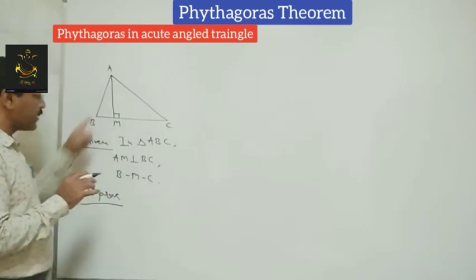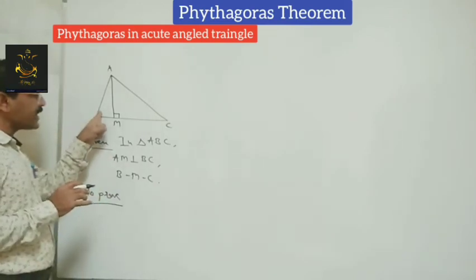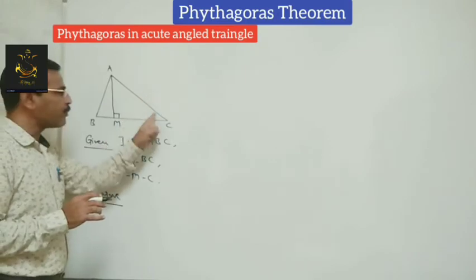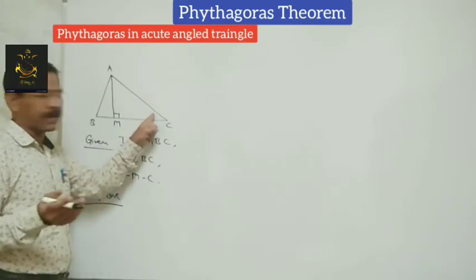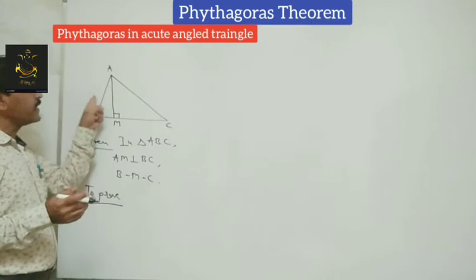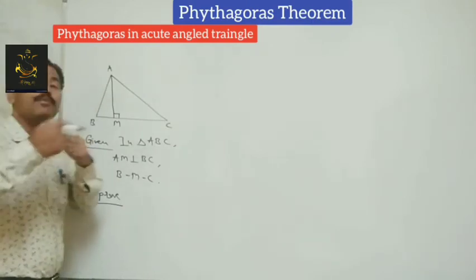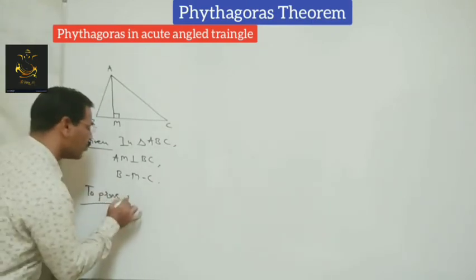So by that property, opposite to this angle is AC, and opposite to the other angle is AB. Both we can write in terms of squares.